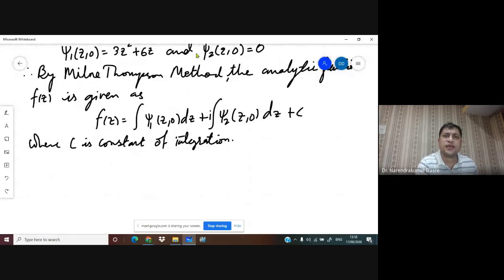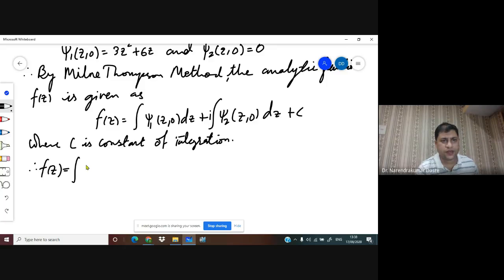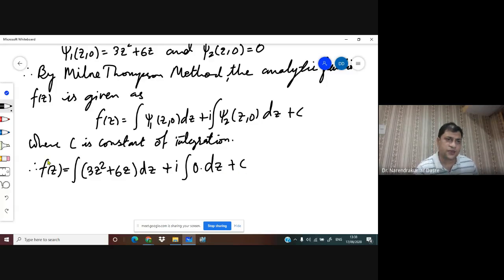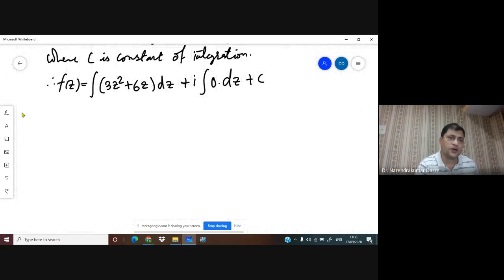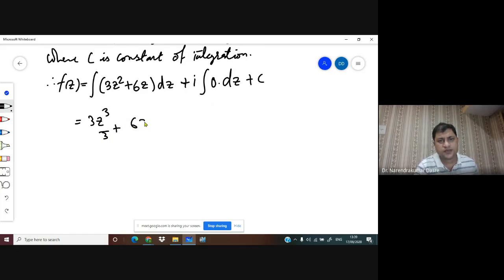Now we know psi1 and psi2, so we put the values here, and we get f of z equal to integration of 3z square plus 6z dz plus i integration 0 dz plus c. So this is equal to 3z cube by 3 plus 6z square by 2, plus this term is 0.